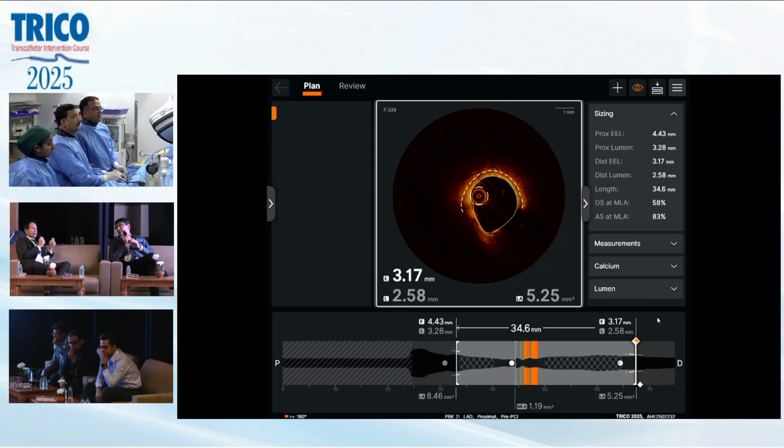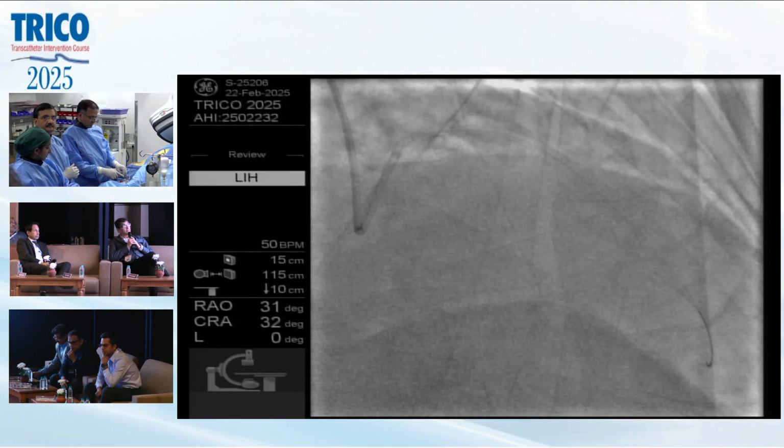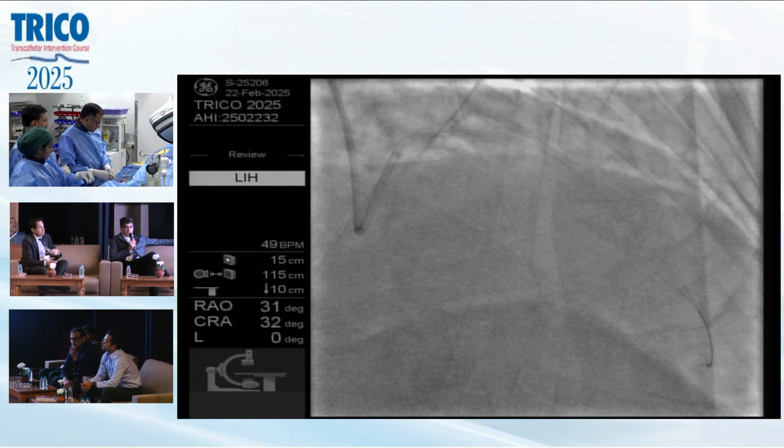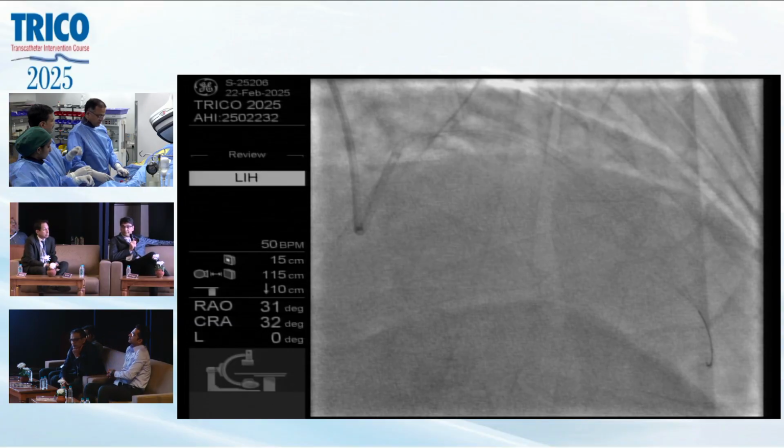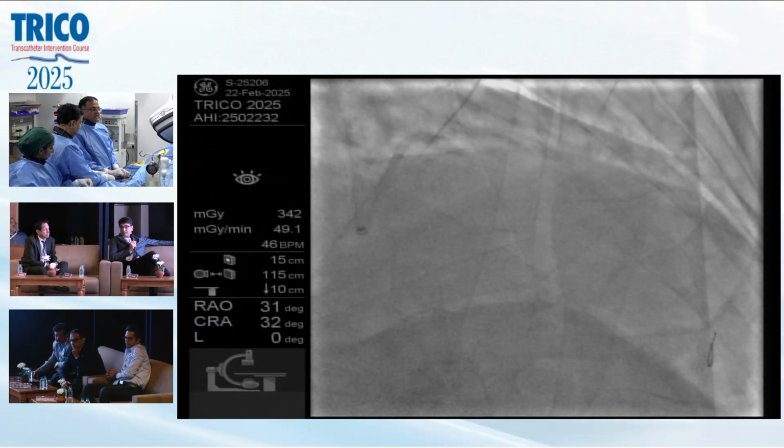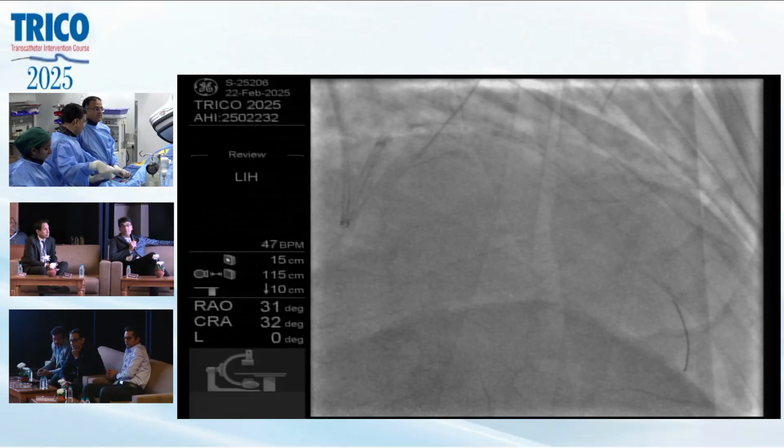Can we see the fluoro screen, Sam? Sure. Europe and Asia have a lot of good experience in DCB. For us, the DCB was just approved a couple of months ago in the United States, and the price is so expensive. I just talked to Raji.